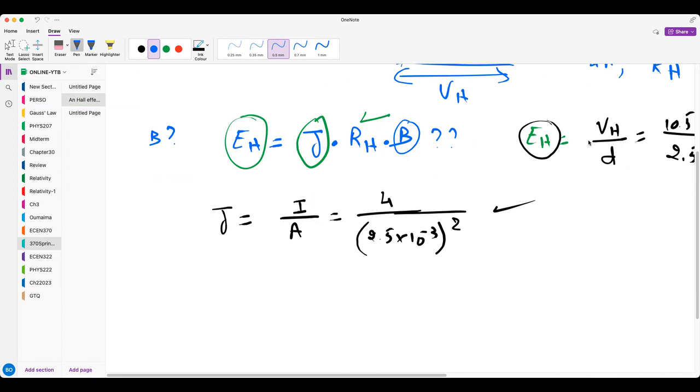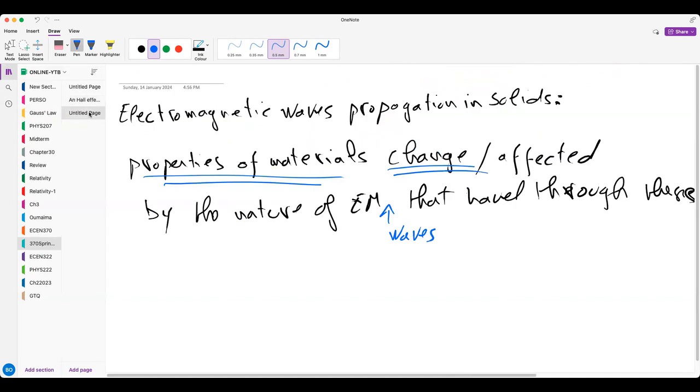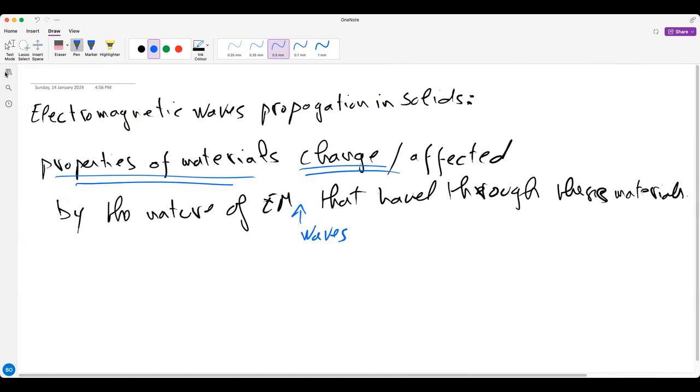In fact, the electric field is equal to the potential difference divided by the distance, by the thickness. And that's why one of the units of the electric field is volt per meter. Okay, so I thought I made a mistake. Yeah, thank you anyway. Sorry for that.